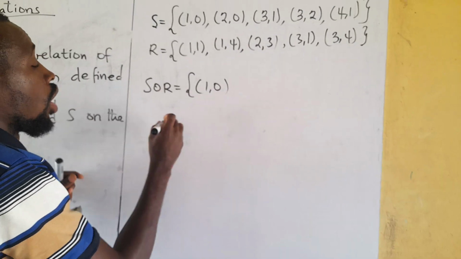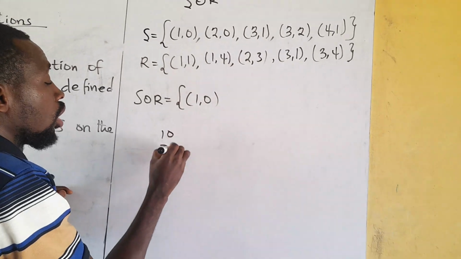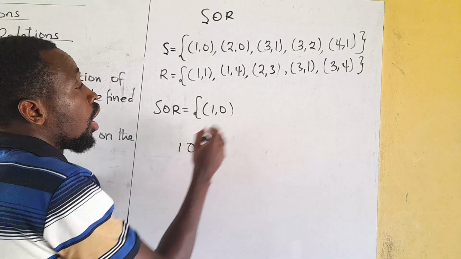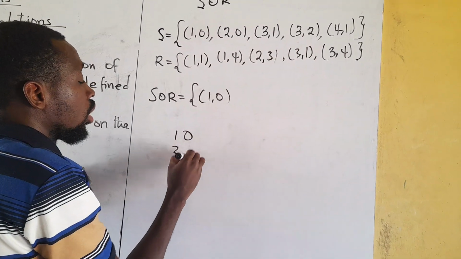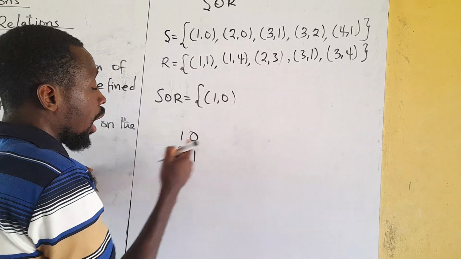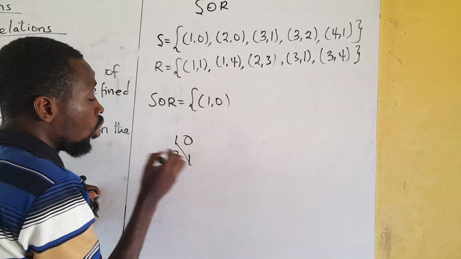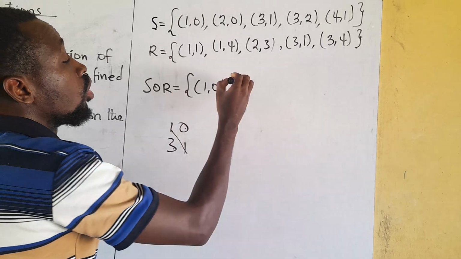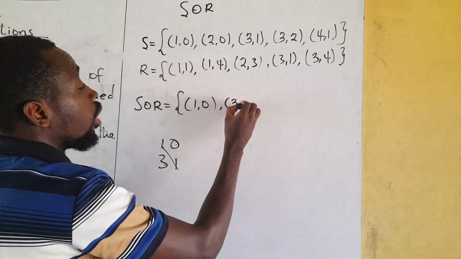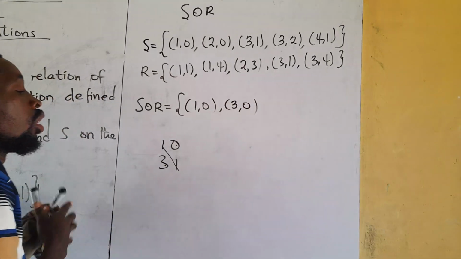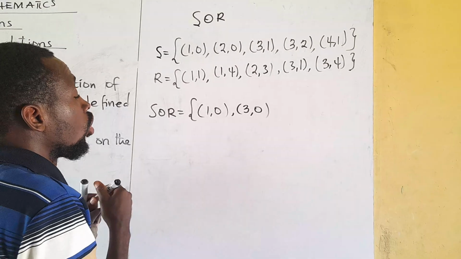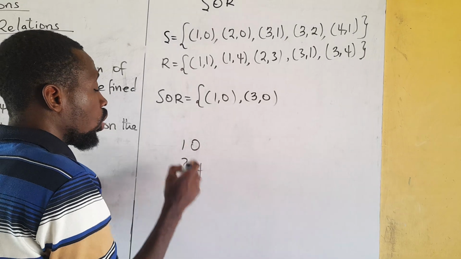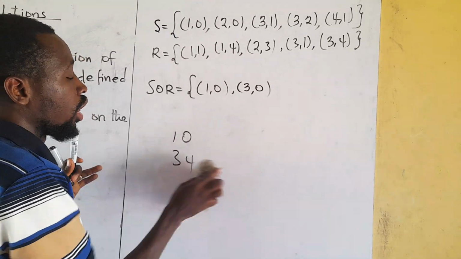Then (1, 0) against (2, 3). You see that one too will not work. (1, 0) against (3, 1). You see that 1 will correspond with this 1. Then we can have the relation (3, 0). So we have the ordered pair (3, 0). The next one, (1, 0) against (3, 4). You see that it did not correspond, so we leave it as such.